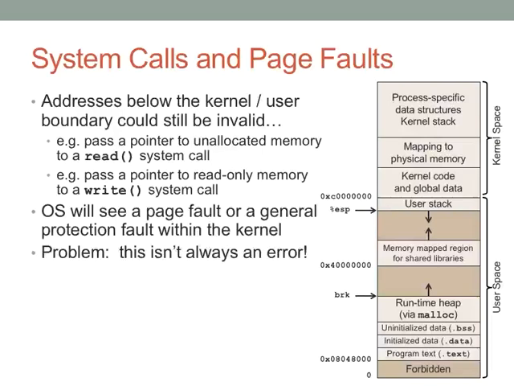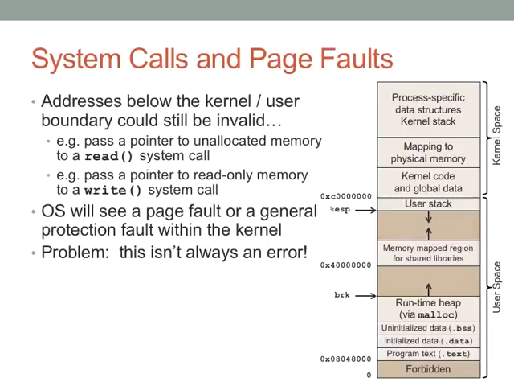So we need to somehow say, okay, this fault generated by the kernel is a problem for the user process. Or maybe it's because the kernel's got a bug in it. I know that kernels never have bugs in them, right? So the kernel tries to access some address, and the kernel basically segfaults. Well, we need to be able to identify that it's the kernel and not the user process.